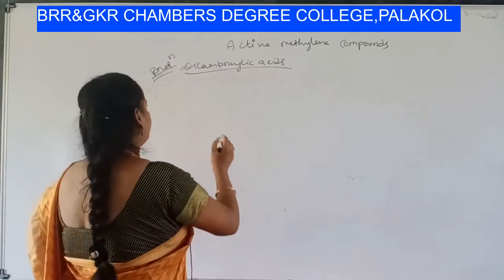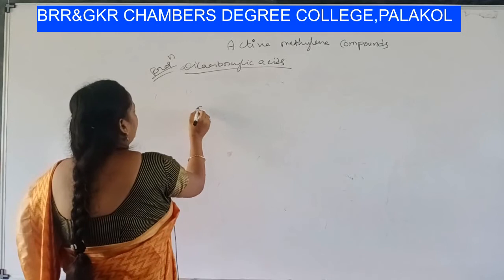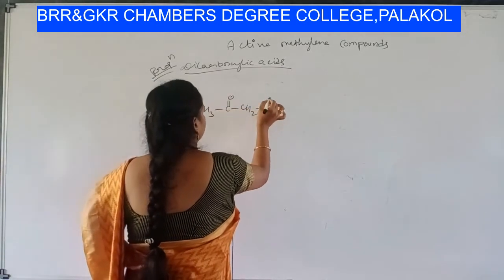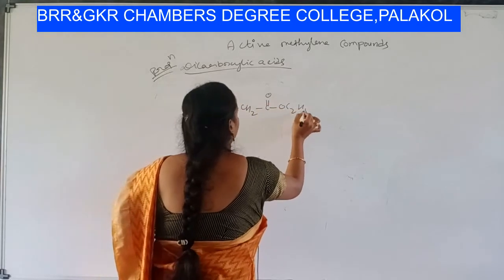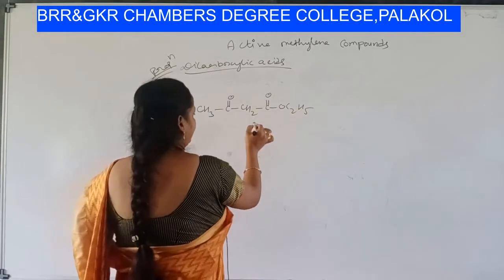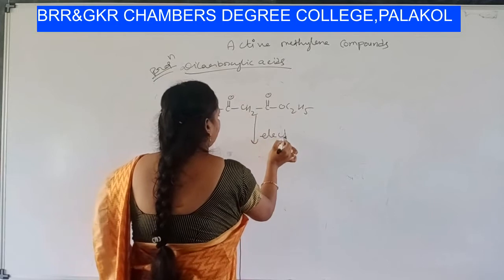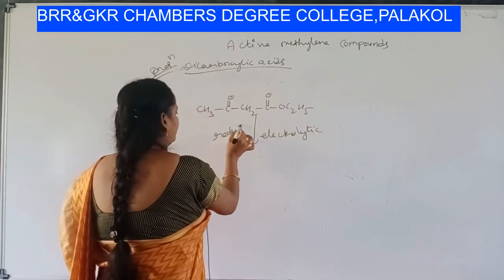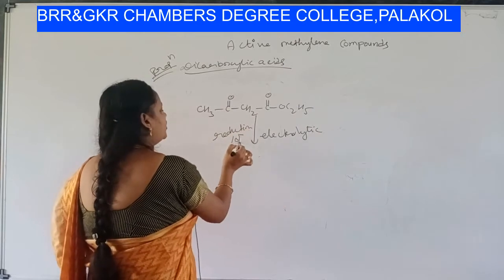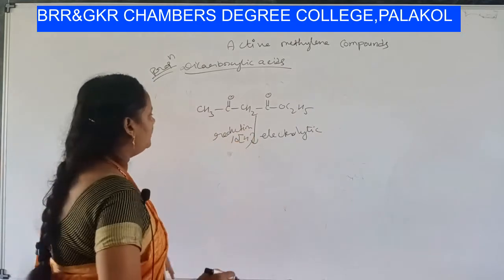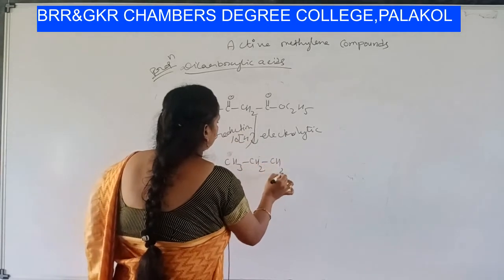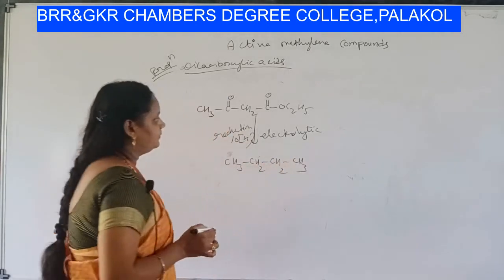Reductions. Okay. If you take ethyl acetoacetate, CH3 C double bond O, CH2, C double bond O, C2H5, if you do electrolytic reduction, 10 hydrogens are added to form butane, CH3, CH2, CH2, CH3.